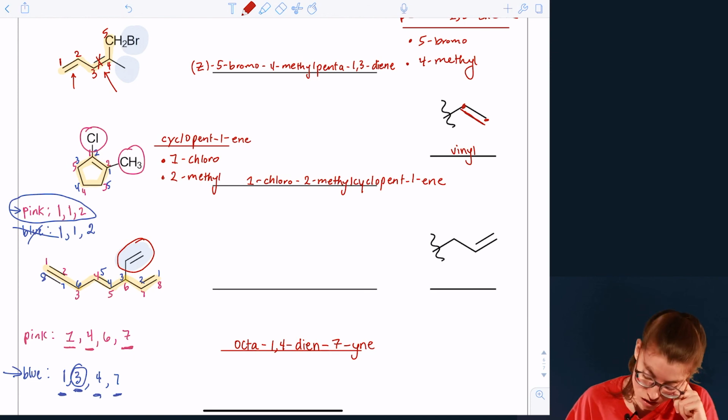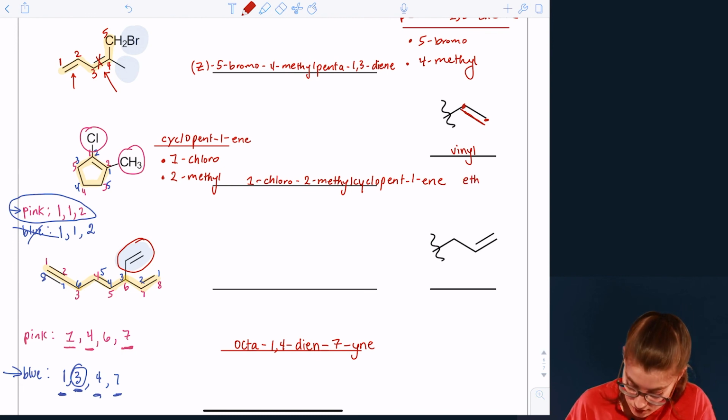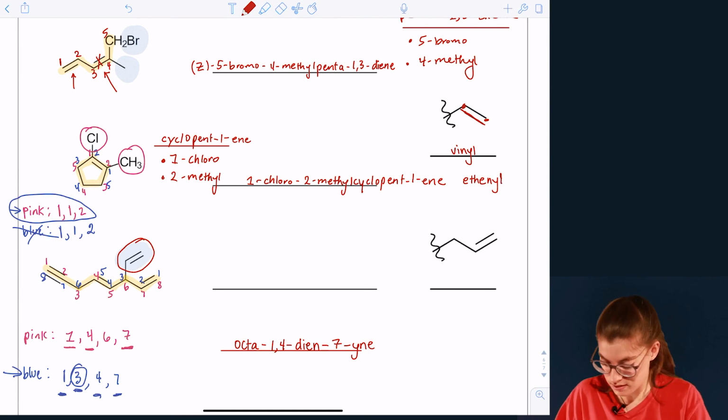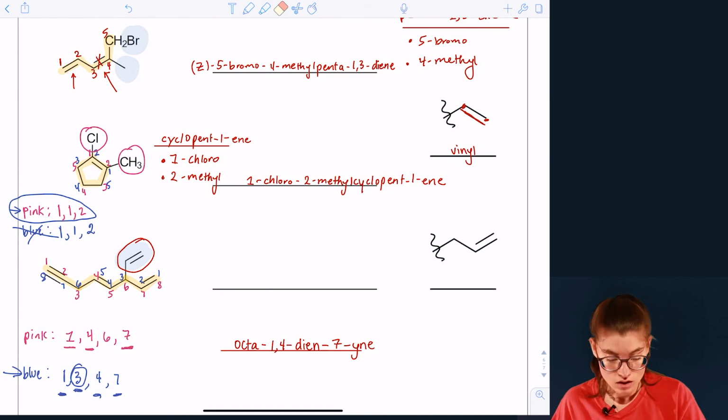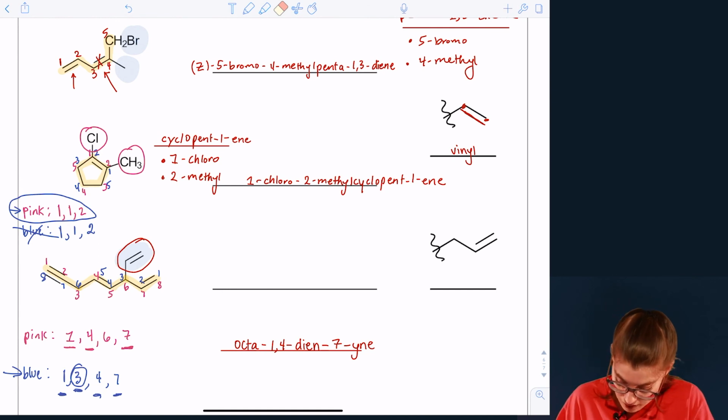You could also call this an ethenyl, let me write it out. Actually, now that I think about it, I don't even know the official way of naming this. I'm going to have to look it up in a second. So that's a vinyl substituent.